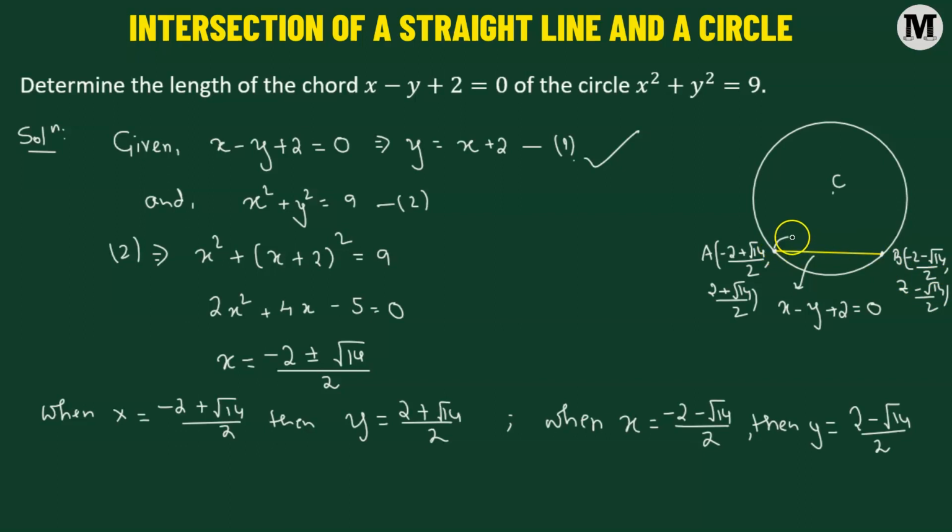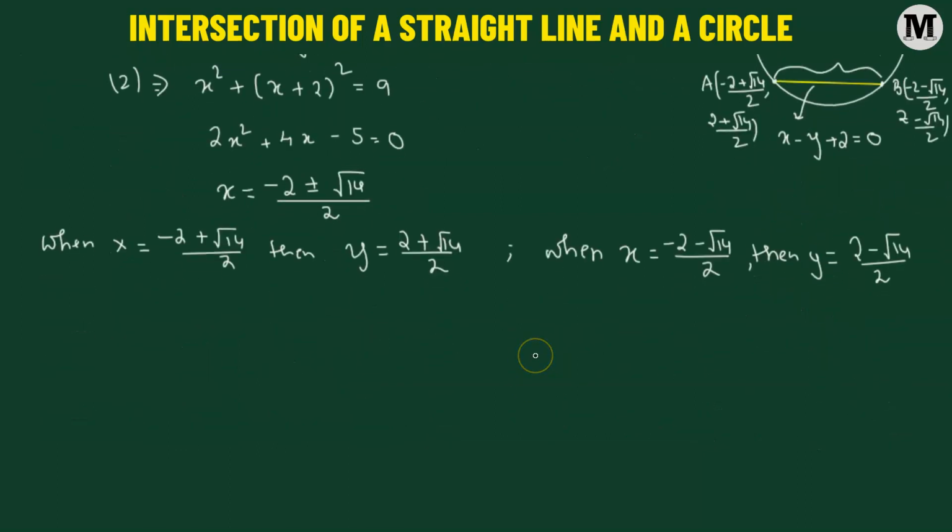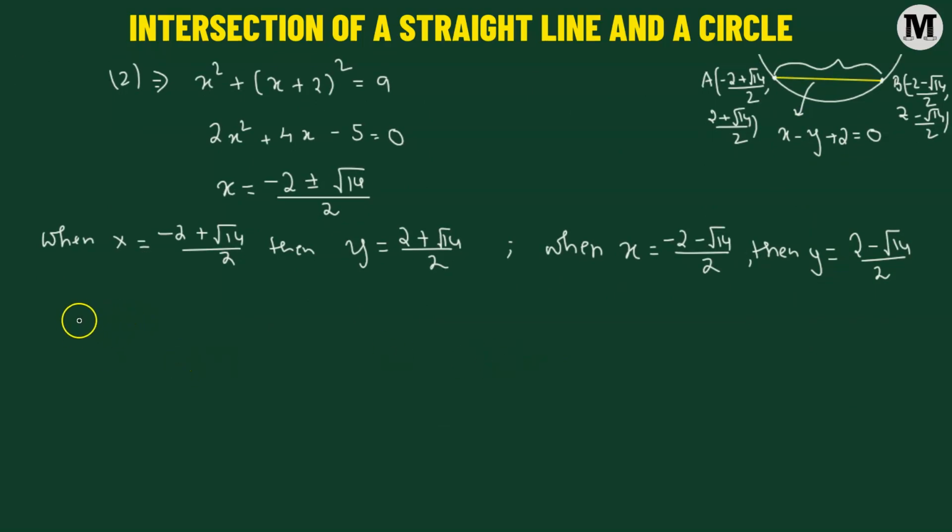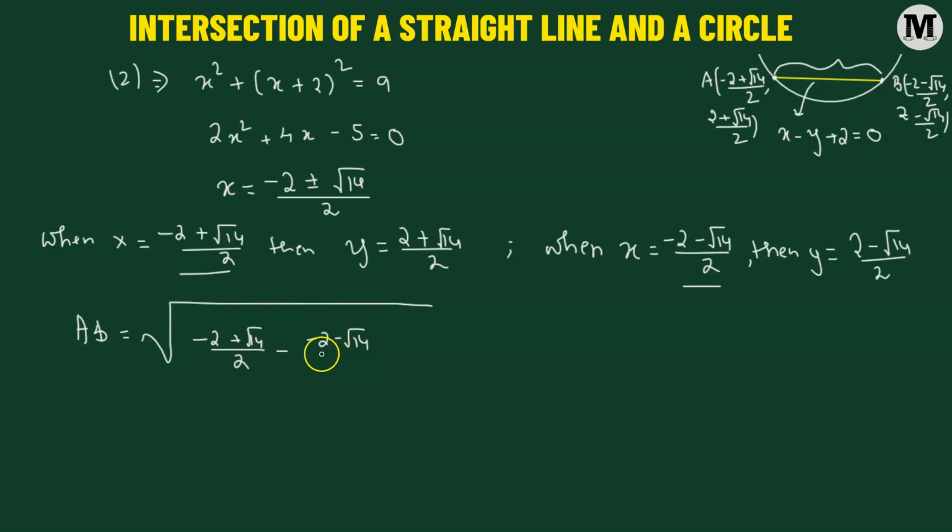What we can do, we can use the distance formula to easily obtain the length of the chord. So let's do that. Let's call it chord AB. That will be equal to the square root of, underneath the square root, the difference of the x coordinates: negative 2 plus square root of 14 over 2 minus negative 2 minus square root of 14 over 2.